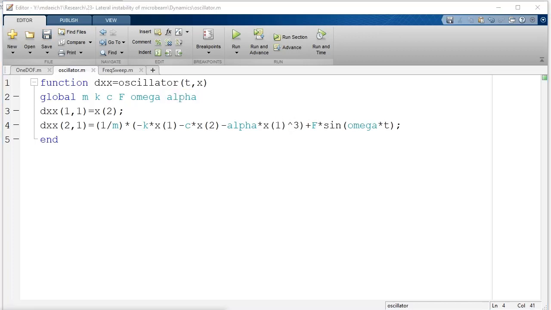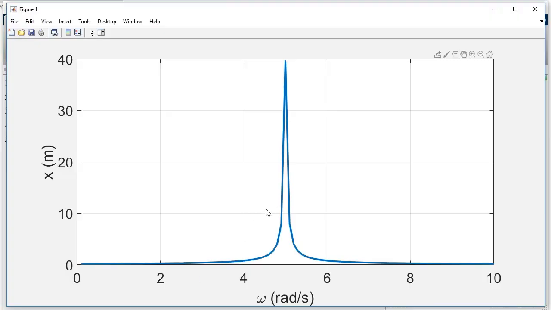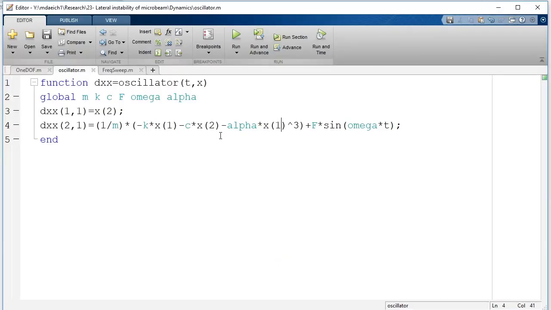We got the frequency response for the linear system when we have a linear spring. And now I am assuming that we have a nonlinear spring. The spring equation is k times x plus alpha times x cubed, and when we bring them into the right hand side of the equation, they will be negative. And we have to multiply everything by 1 over m.